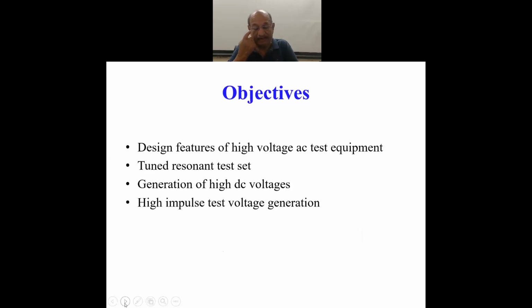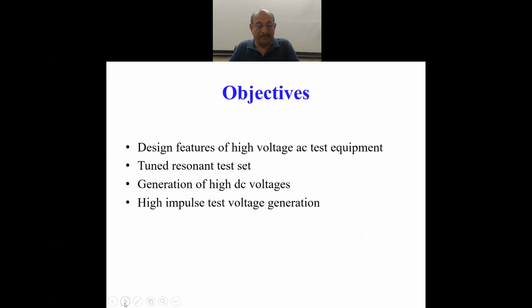Very typical design features the test equipment have, unlike the actual power equipment. There's a vast difference between a power transformer and the high voltage test transformer. There's an absolute difference of day and night.